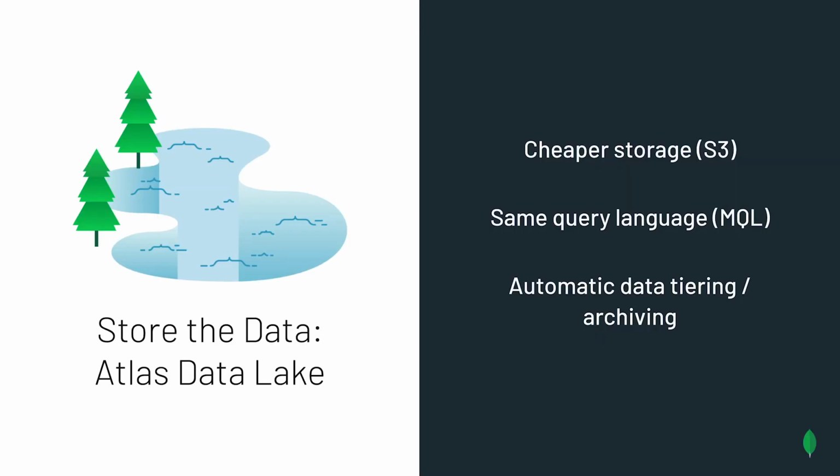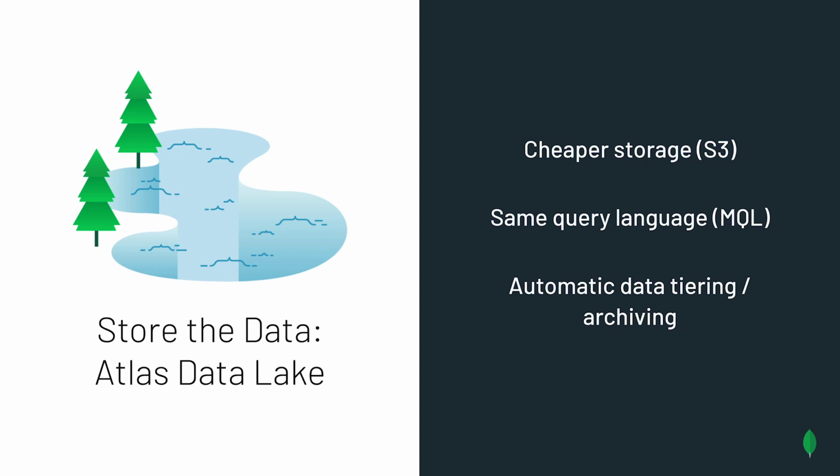Data lakes are increasingly more common. It's essentially a centralized storage point for your data, whether structured or unstructured. In the case of Atlas Data Lake, that centralized storage is on Amazon Web Services, AWS, Simple Storage Service, or S3. It supports a wide variety of file formats, including JSON, BSON, CSV, TSV, Avro, ORC, and Parquet.